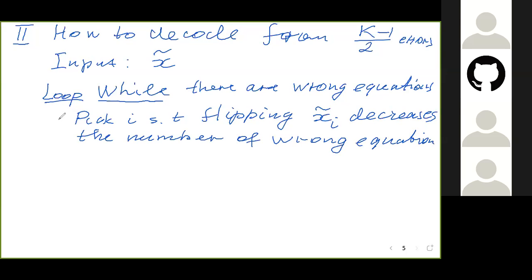We will show that there is such a bit. And second, we just flip that bit, decreasing the number of wrong equations. And this is the end of the while loop.